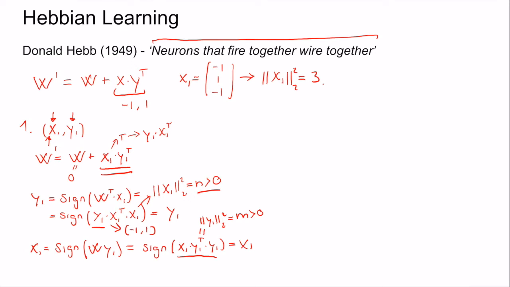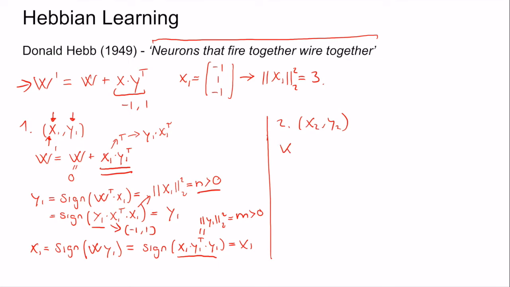Okay, let's now try to store a new value, because we want to have multiple memories stored in our model that we can retrieve depending on the input that we're getting. So if we store a new memory, x2, y2, we just take our Hebbian learning update.